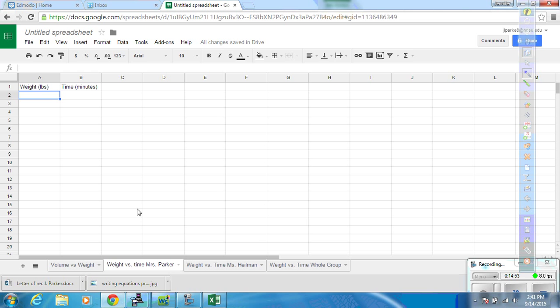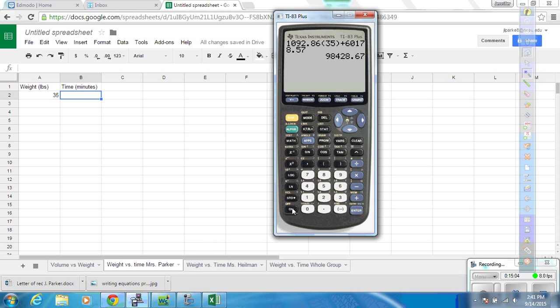So for example, when I'm putting in my weights, let's say for 35 pounds, that my time was 8 minutes and 38 seconds. So when I'm doing 8 minutes and 38 seconds, I'm doing 8 plus 38 divided by 60. And so that's going to be 8.63 minutes.